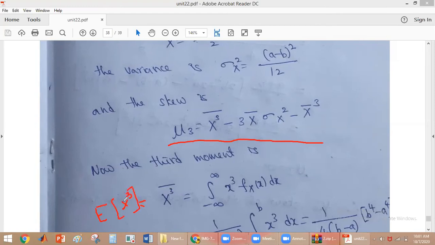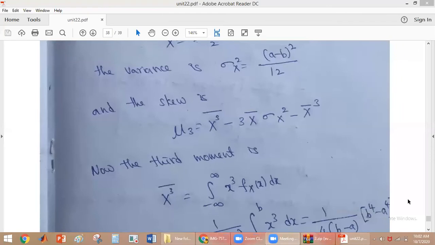Okay, now what is the formula for the expectation of x cube? It is the integral from minus infinity to plus infinity of x cube fx of x dx. Okay, so this is the formula to find out x cube bar.